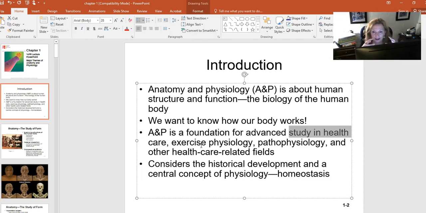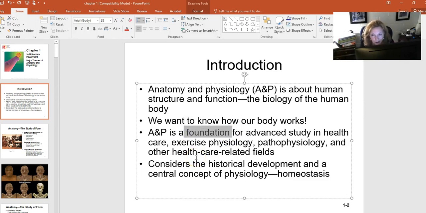This is a class where you're going to want to own the information. Your challenge is to learn this material well enough that you could teach it to someone. This is not a crossing a T, dotting an I, checking a box class. This is absolutely the foundation of your profession.